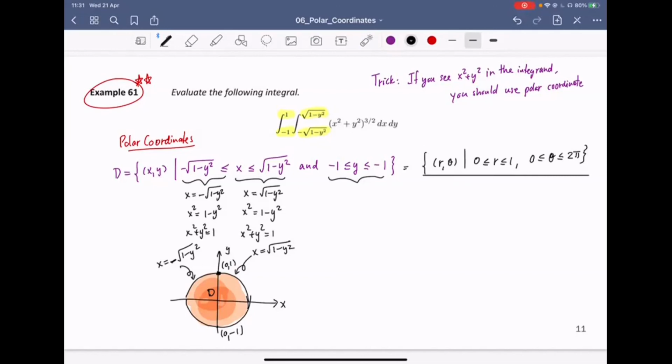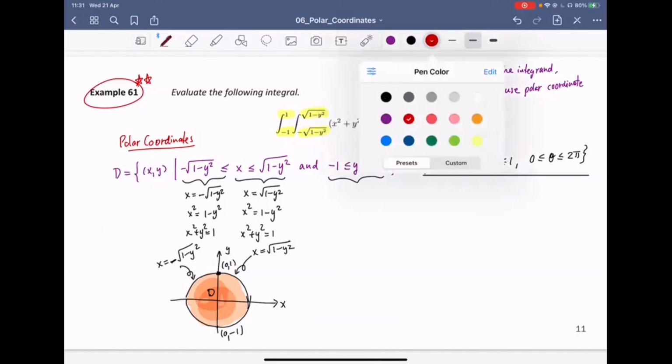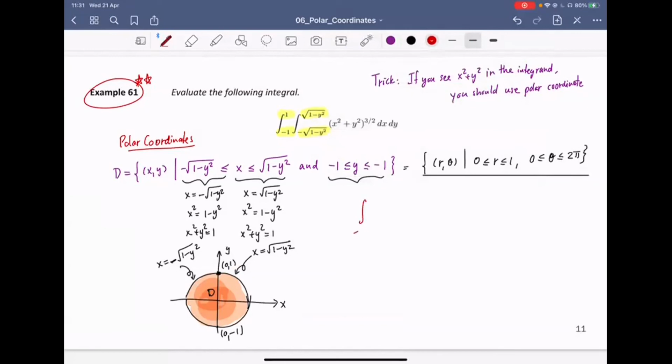Good. And then that means the integration you want is the integral from -1 to 1, integral from negative square root of 1 minus y squared to square root of 1 minus y squared, of (x squared plus y squared) to the 3 over 2 dx dy. This is the question. I'm going to switch this to r squared to the 3 over 2, and then r dr d theta, where r goes from 0 to 1 and theta from 0 to 2 pi.